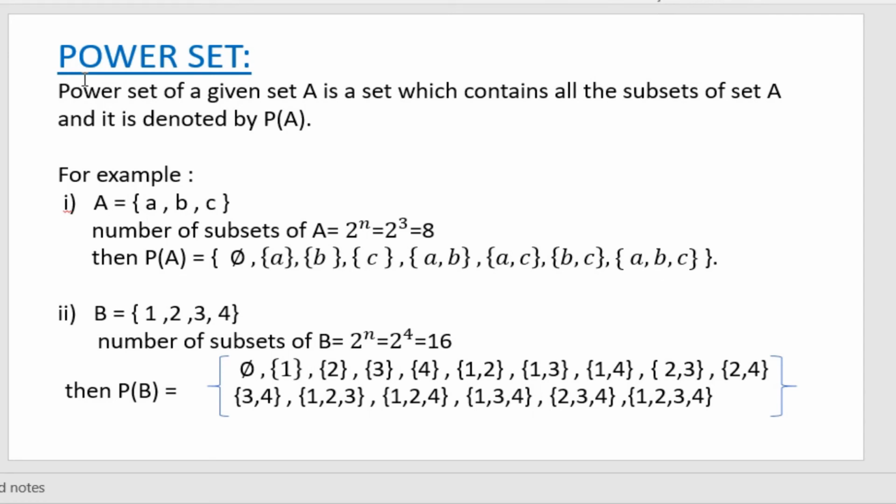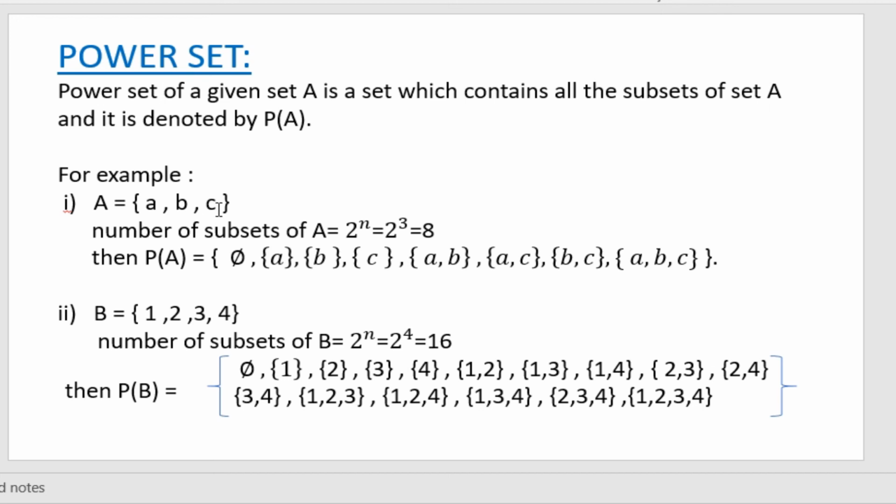Now students, we will write the power set of a set. We can define the power set of a set. The power set of a given set A is a set which contains all the subsets of set A, and it is denoted by capital P and A in brackets, and we read it as power set of set A. For example, A contains elements a, b and c.